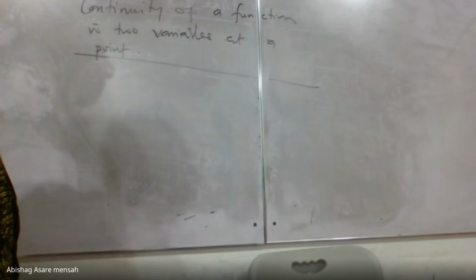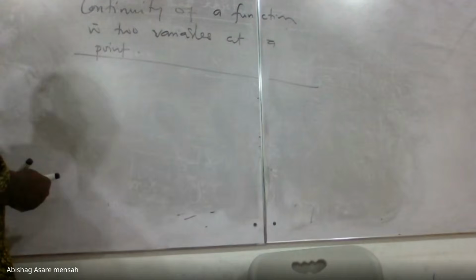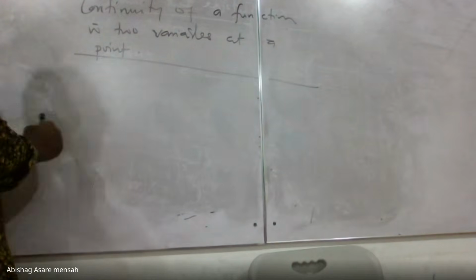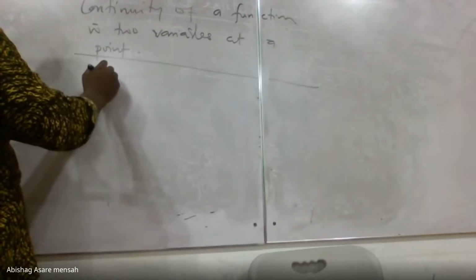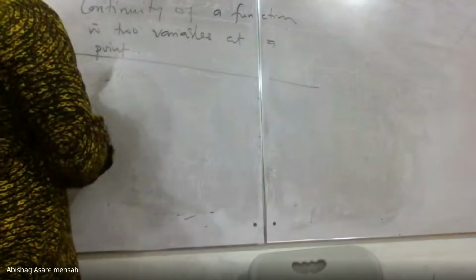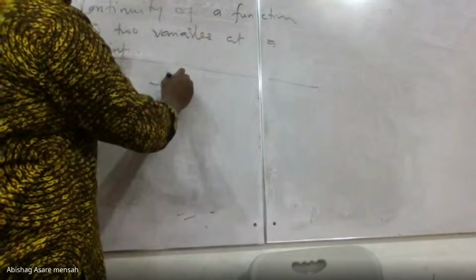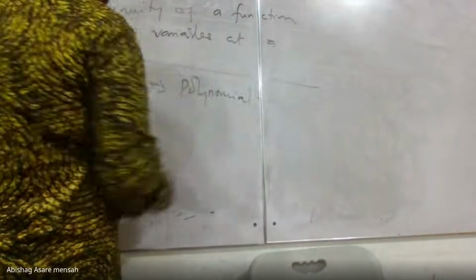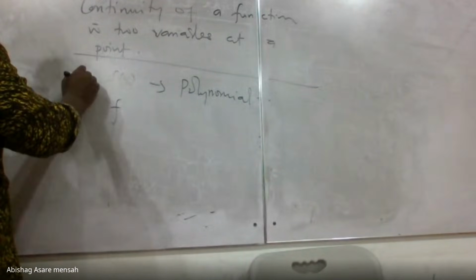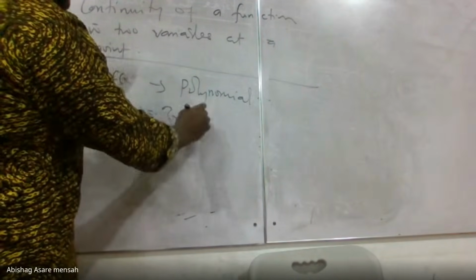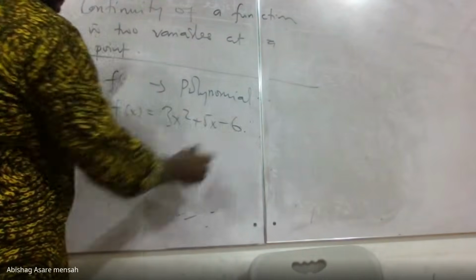at a given point. Now, when we ask you to find the part of the function that is continuing, take note of these points. If the function is a polynomial, well, the first one, if the function is a polynomial, an example is f of x is equal to 3x squared plus 5x minus 6.